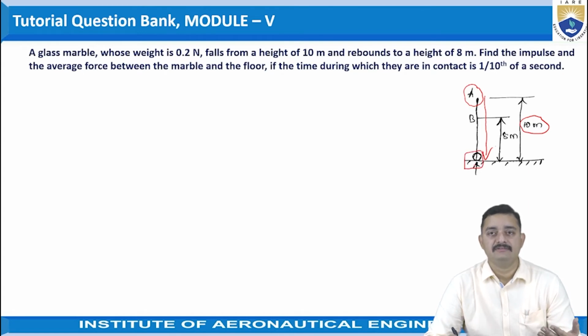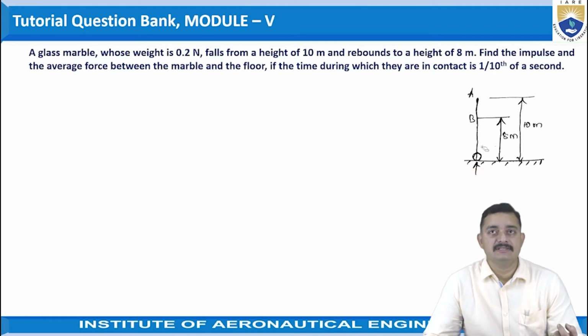After contact with the ground, the glass marble comes back up into the air to a distance of 8 meters, which we consider as point B. Overall, we need to identify the impulse and the average force acting at this point.